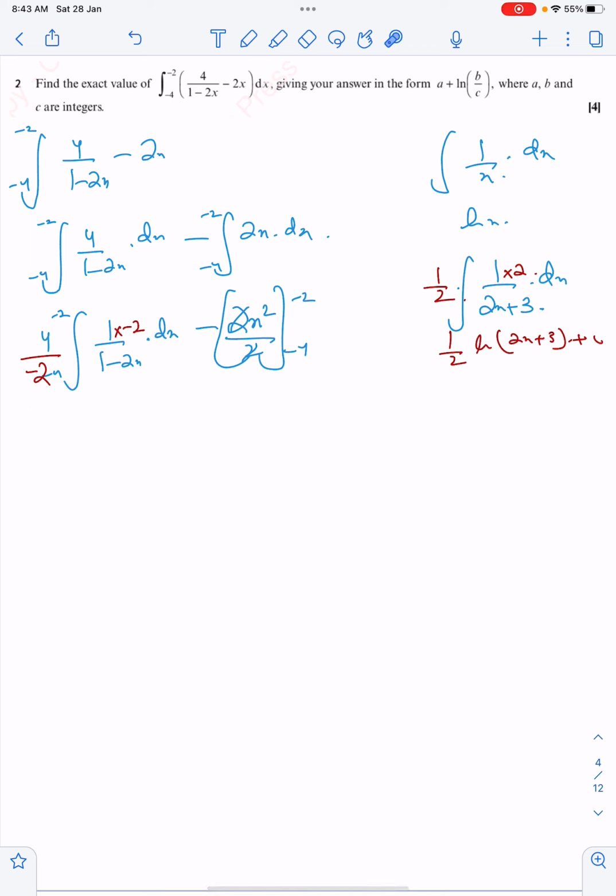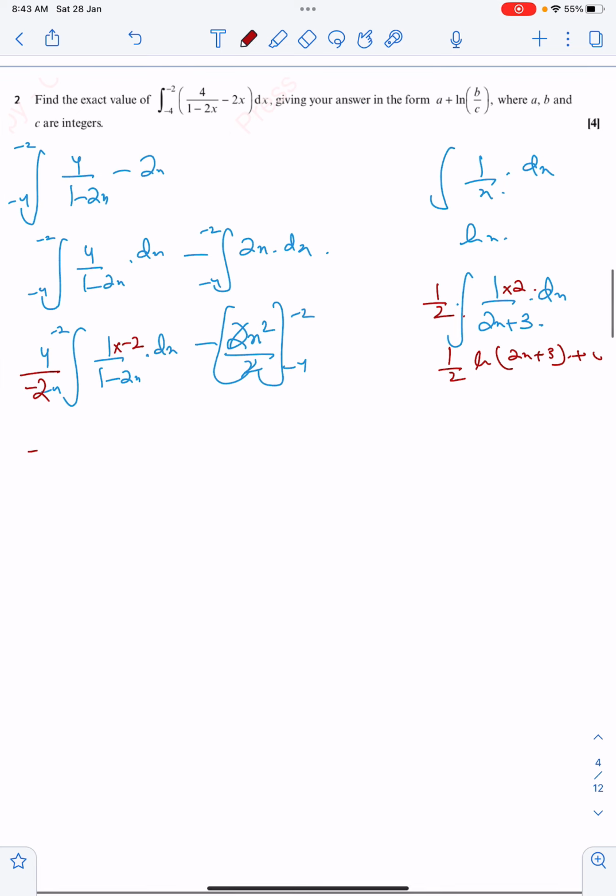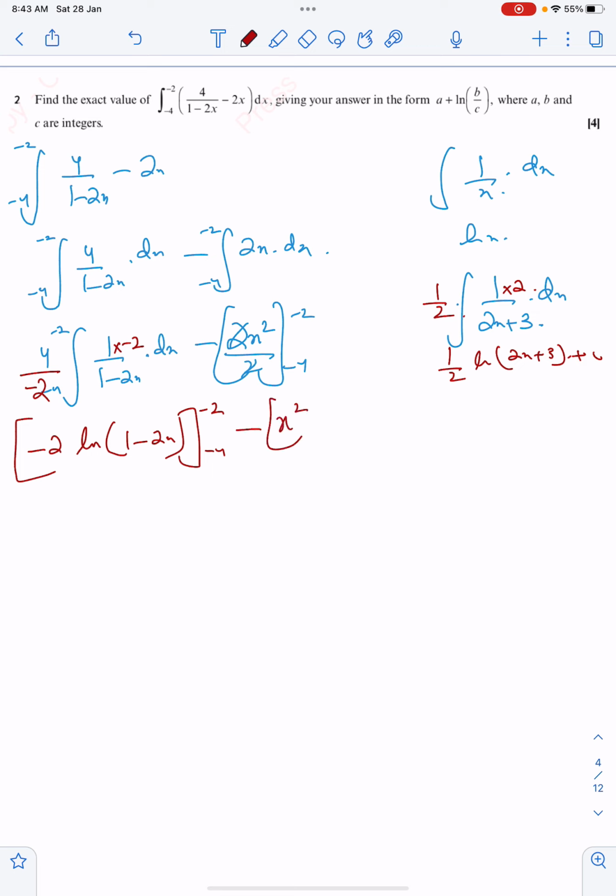So now the result of integration will be minus 2 ln 1 minus 2x with the boundaries minus 4 and minus 2, minus x squared with the same boundaries, minus 2 and minus 4. Now since they have the same boundaries, I can just put it in one bracket also.